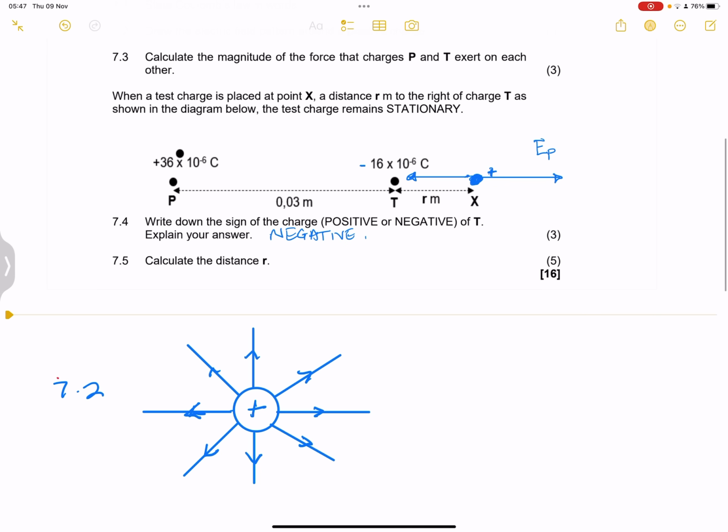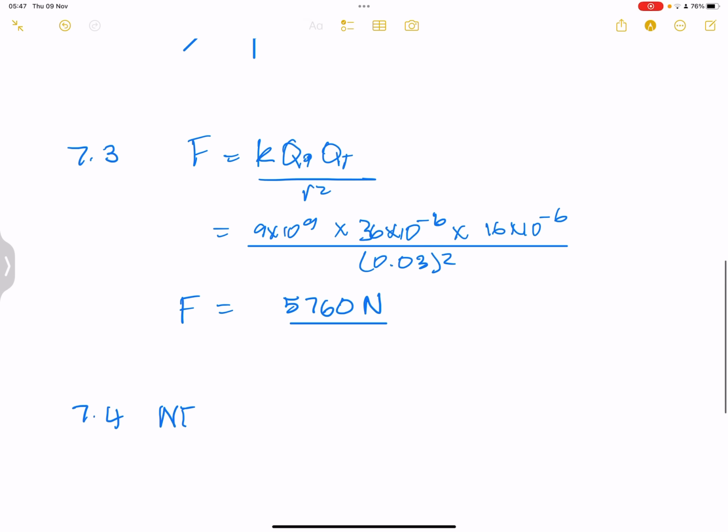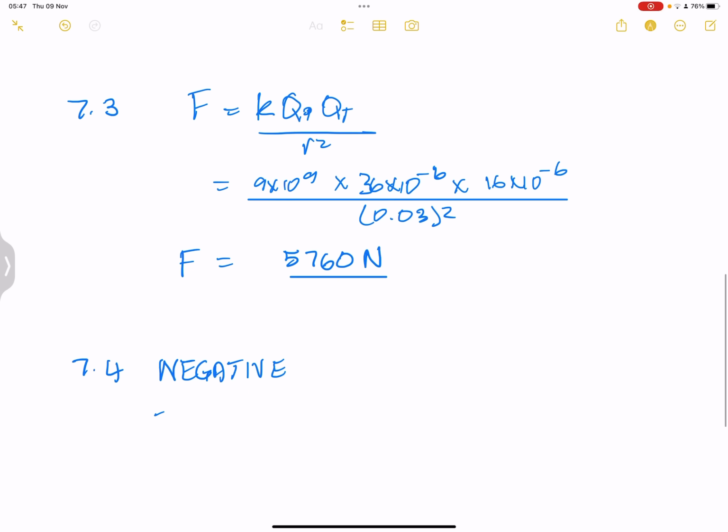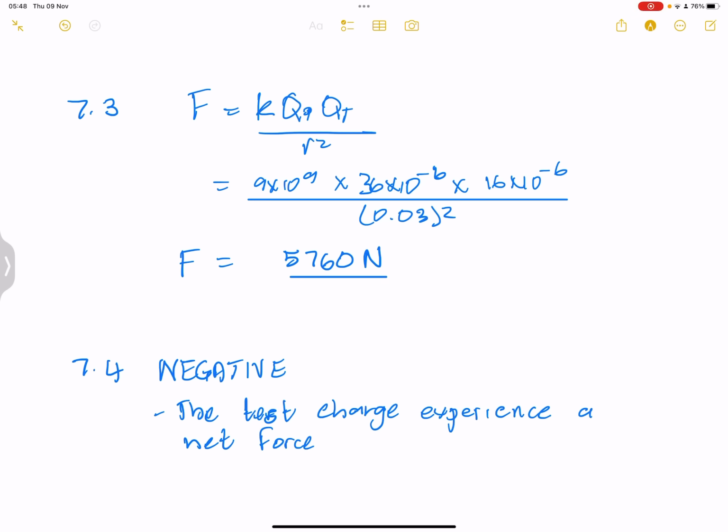So for 7.4 we're going to say our answer is negative, and the test charge experiences a net field, or net force, of 0. Hence it remains stationary.